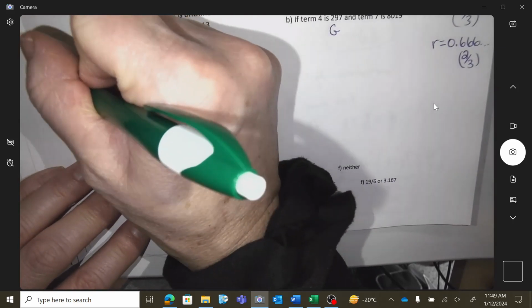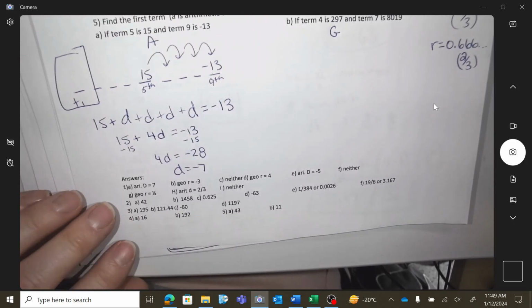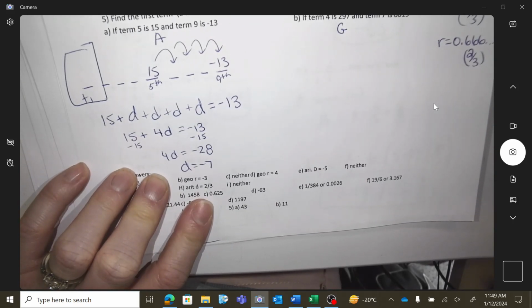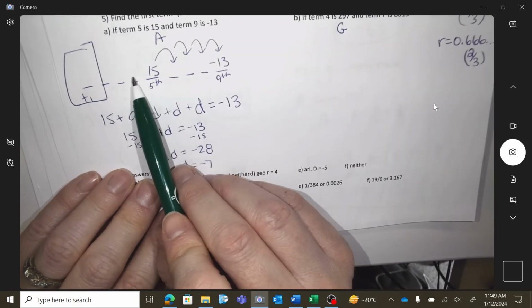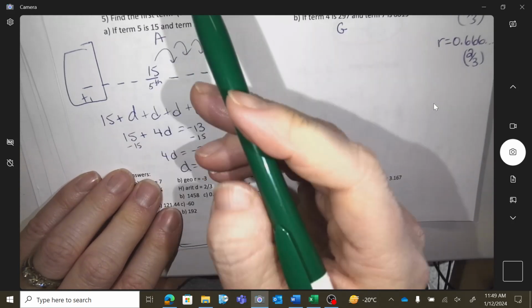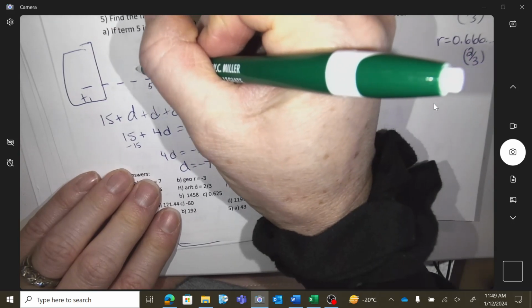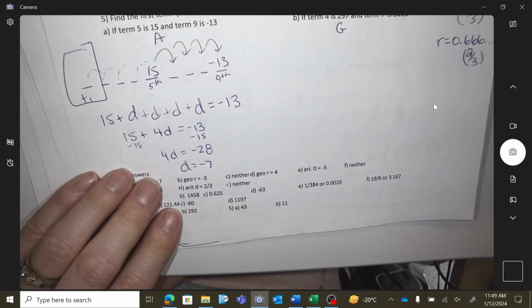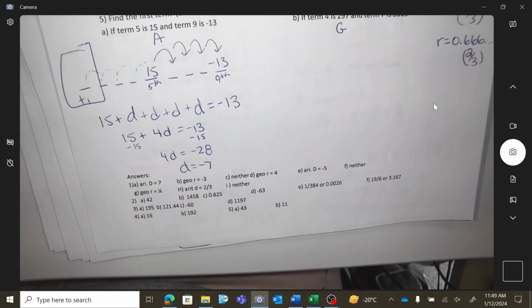So now I want this. What is term 1? So what are you going to do to get me that? So how do you backtrack? I really should move up 7. And how many jumps would you do it? 1, 2, 3. Looks like you'd have to do 4 jumps up.